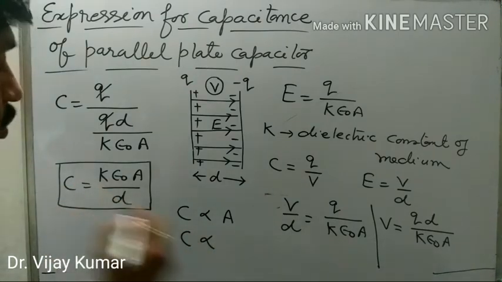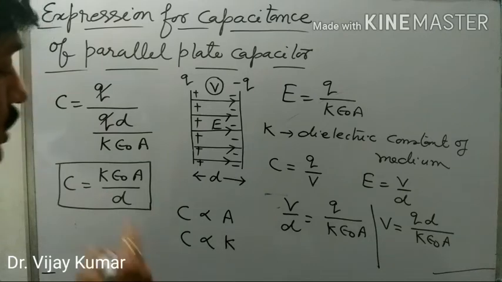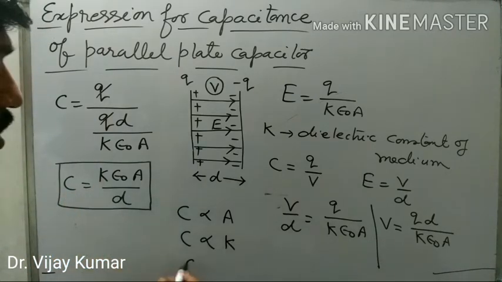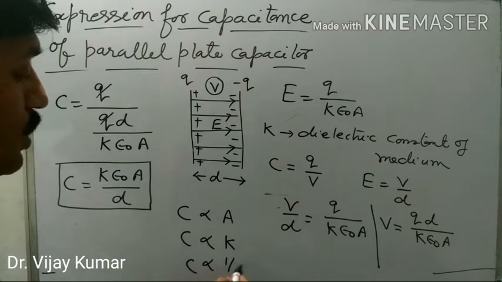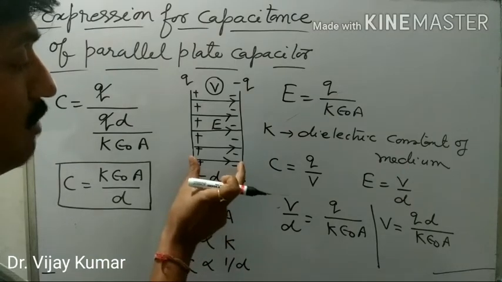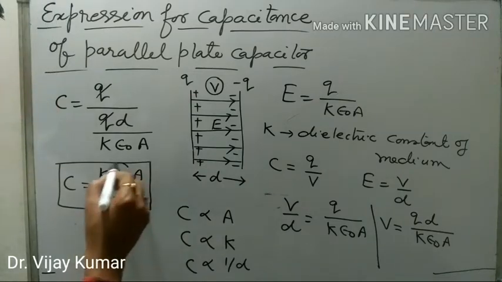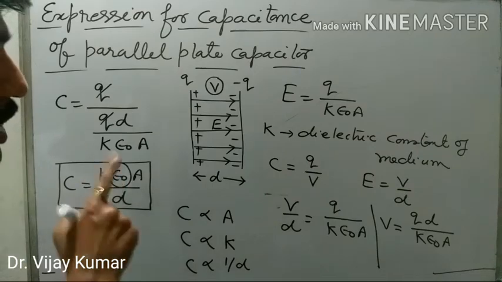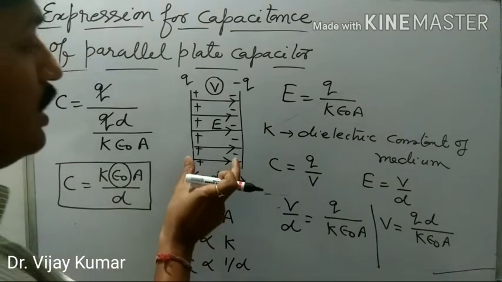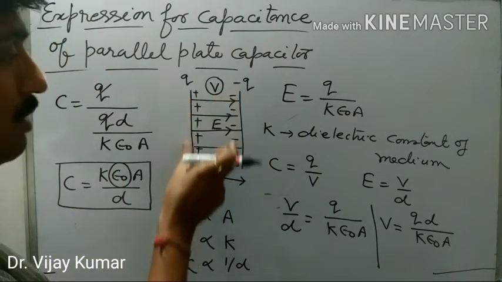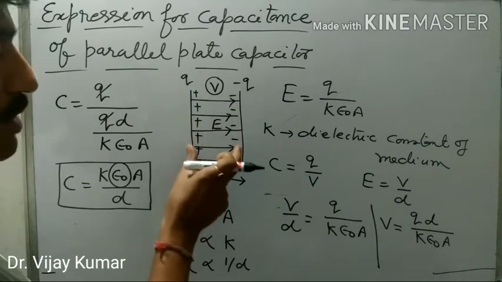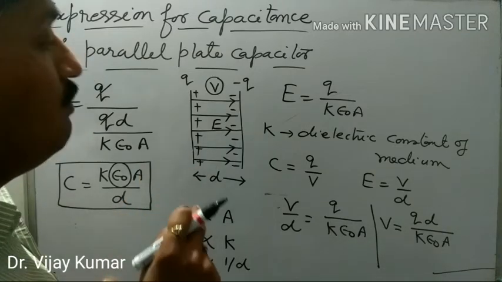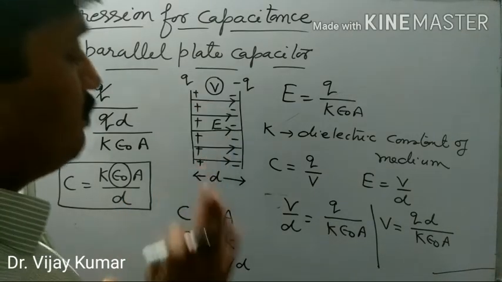C is also directly proportional to the dielectric constant, and C is inversely proportional to the separation between these two plates, as epsilon naught is the permittivity of free space, which is constant. It means if there is only air in between these two plates, then C is lower than when we fill a dielectric medium inside the plates.